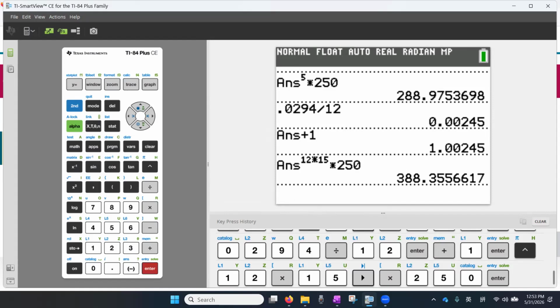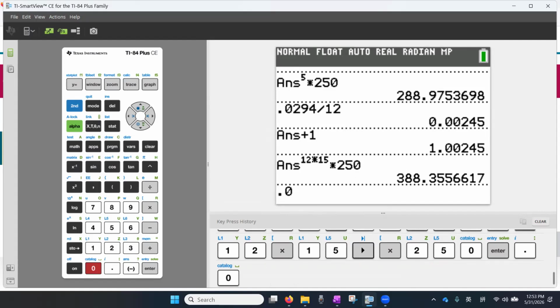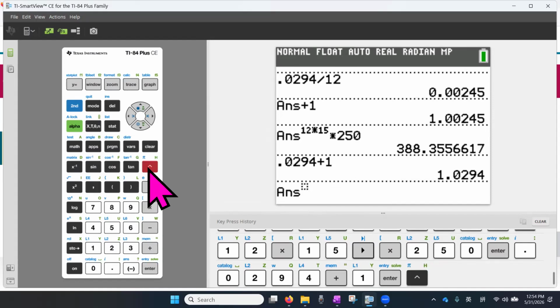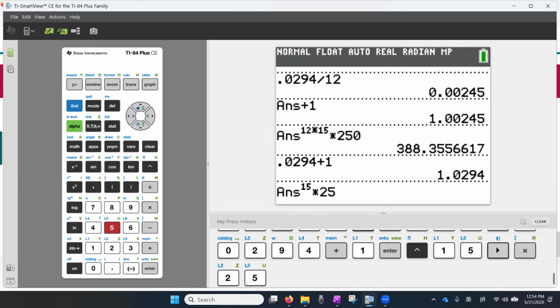Sorry about that. So part A, I start with the annual interest rate, 0.0294, annual interest rate plus 1. That's the compounding factor. And raise the compounding factor to 15. I intended to enter 15, but I made a mistake. I apologize. And then multiply that by the principal 250.